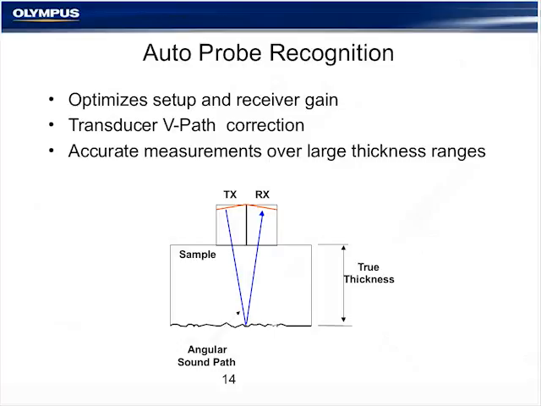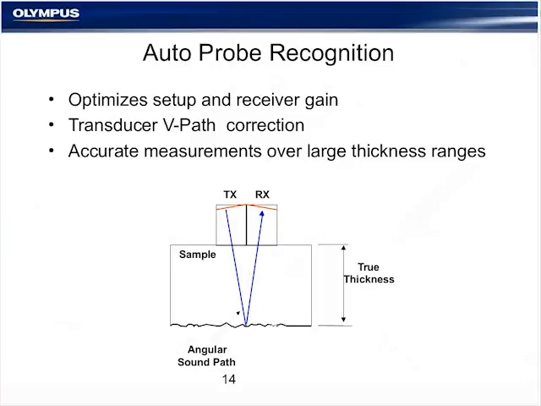The first thing that auto probe recognition gets you, one of the major benefits, is that when the instrument understands what probe is connected, it can automatically make adjustments to the pulser settings to optimize the way that the instrument is pulsing the transducer, and often that has to do with the known sensitivity of a particular transducer, but also things like the frequency of that transducer. And it also allows optimization of the receiver components of the instrument.